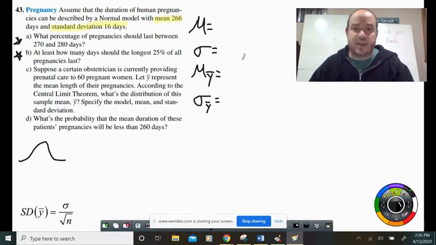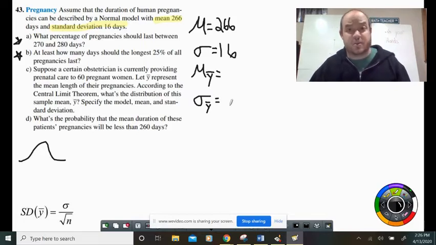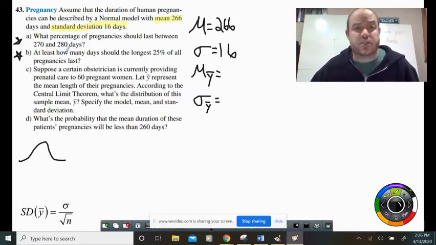So if we want to fill that in, we know that the mean in this case is going to be 266 and the standard deviation is 16. We know nothing about a sampling distribution yet, and it hasn't asked us anything about a sampling distribution yet. So we're going to jump straight into just doing that question, all right?